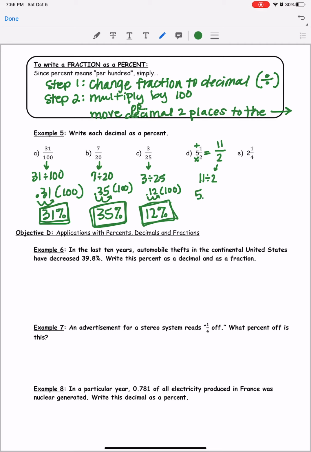Which is 5.5, which should kind of make sense, right? Because if we have 5 and then 1/2 as a decimal is 0.5. Okay, so that's where that comes from. So then either multiply that by 100 or move your decimal 2 places over. We're going to get 550%.